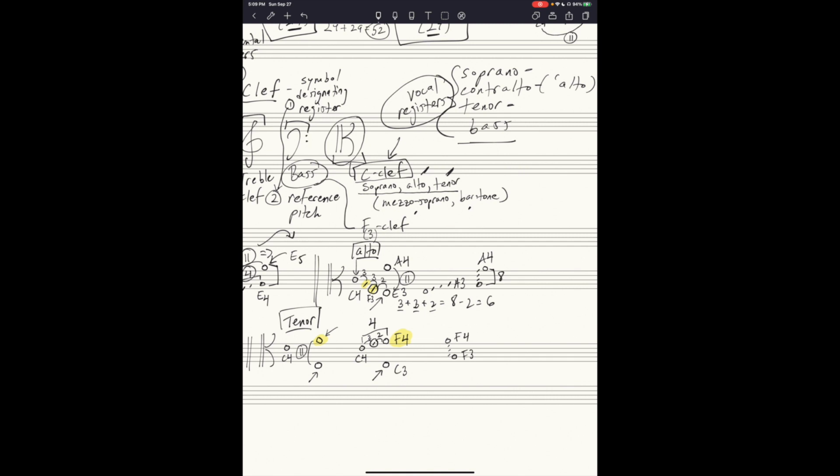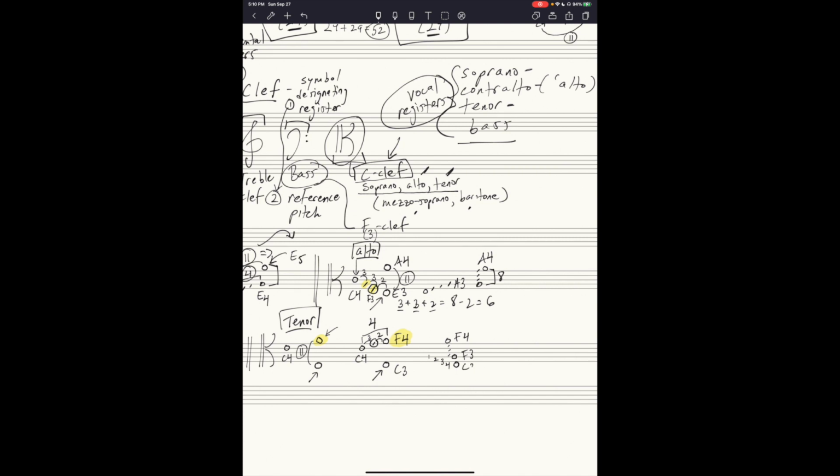That is F3. What is a fourth below F3? Again, using the staff. Well, I just go from this second line, I'm going to count that as 1, down to the space below it, 2, down to the line below that, 3, and finally the space below that, 4. There it is. And so F, E, D, C, 1, 2, 3, 4.